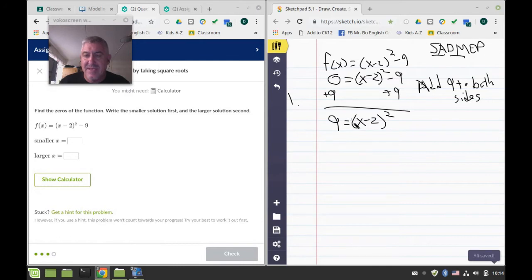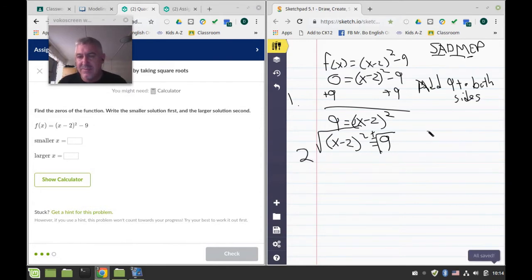We don't really have any coefficient up here. So we're going to go over to the exponent. Here I have a squared. Inverse of squared is square root. So I'm going to take the square root of both sides, positive and negative.